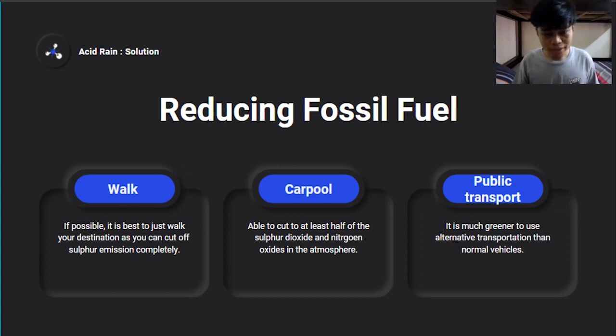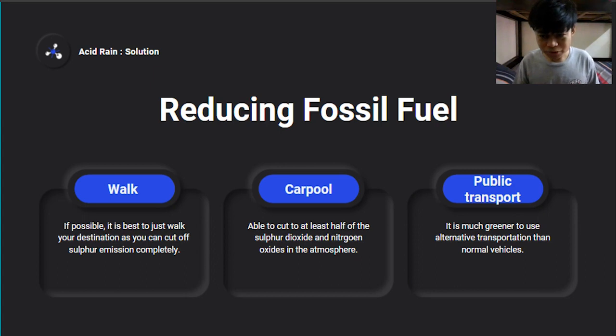What we as responsible consumers can do is walk. If possible, if the destination is very near, it is best to just walk, as we can cut off sulfur emission completely. But if we do not have a choice, we can do carpool, because by carpooling we are able to cut at least half of the sulfur dioxide and nitrogen oxides in the atmosphere.